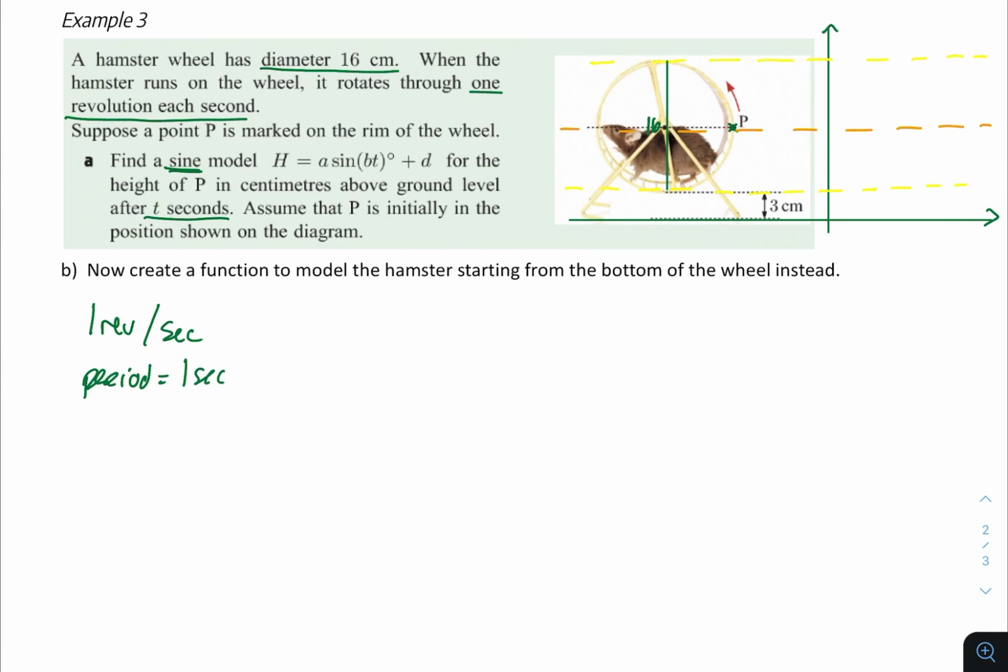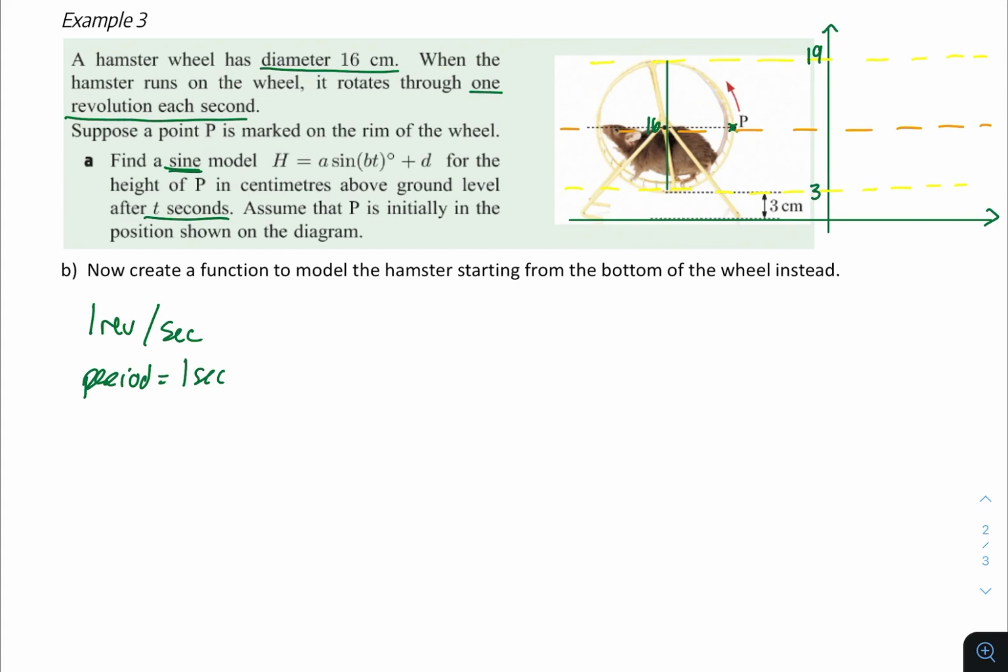And then we also have the information here that the distance from the ground to the start of the wheel is 3 centimeters. So that means that my minimum is going to be at 3, and my maximum is going to be 3 plus 16. So I'm going to have a maximum at 19 here.